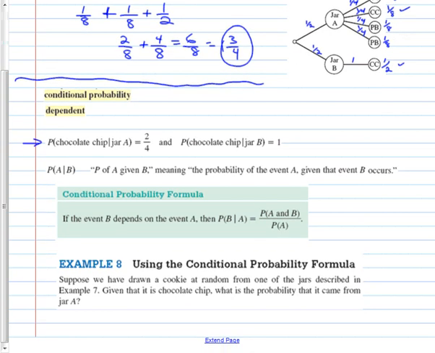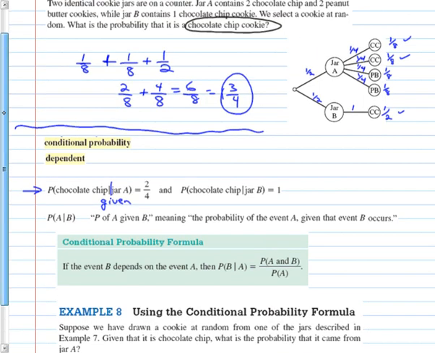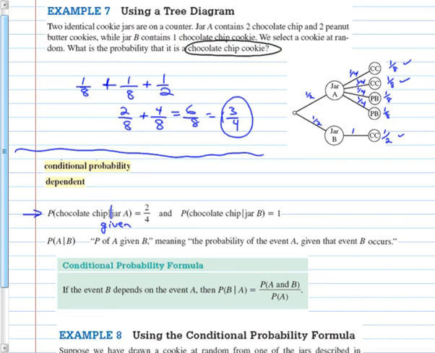The probability of drawing a chocolate chip cookie given, that straight line there we read given, it's from jar A. Well, probability of a chocolate chip given we've already drawn jar A. Well, if I've already drawn jar A, what's the probability of getting a chocolate chip? 2 out of the 4, 1/2.